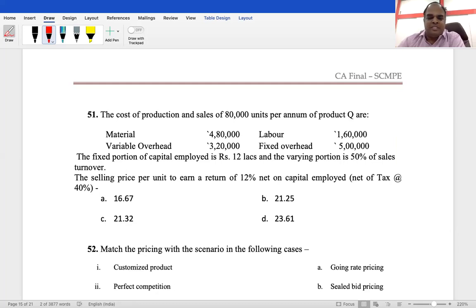Next, with respect to the profitability statement, sales revenue 80,000 x. Less total cost: 4 lakh 80 plus 3 lakh 20 plus 1 lakh 60 plus 5 lakhs.